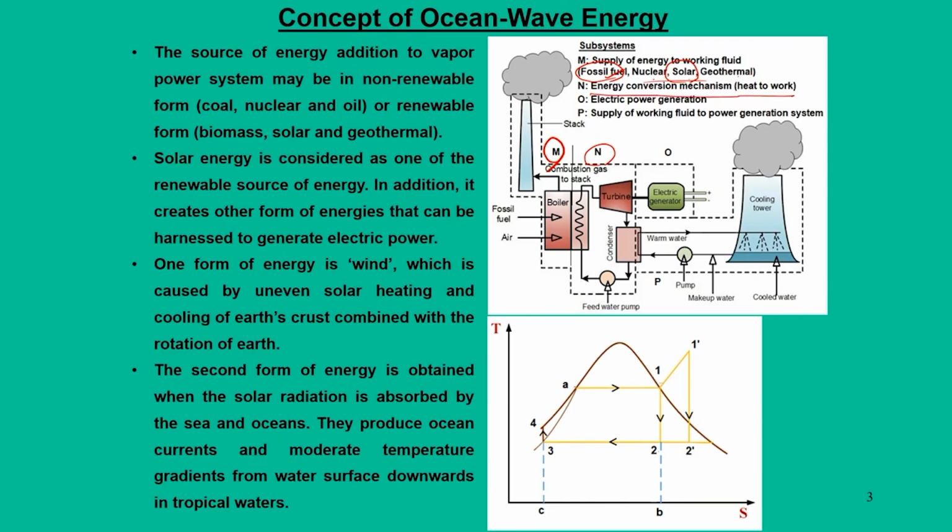This is nothing but your heat engine concept. Then the next part is electric power generation, that is you need to couple with an electric generator, and the last part is supply of working fluid to this power generation system. So, the choice of working fluid is also equally important when you deal with low temperature cycles. We will see their importance.